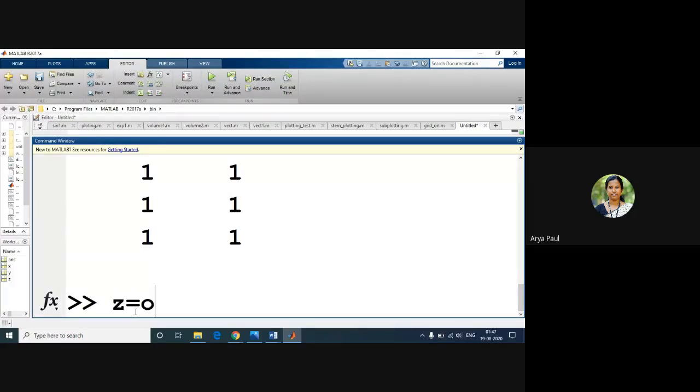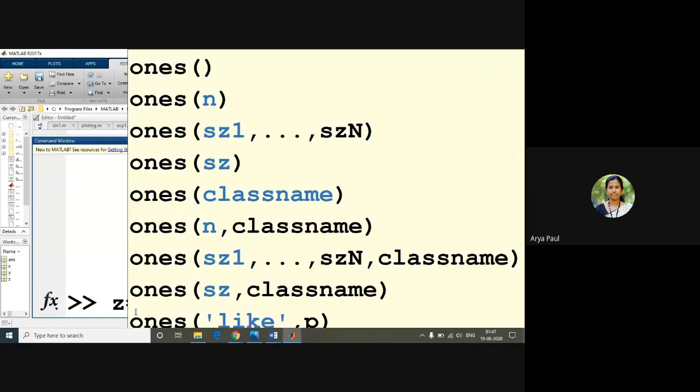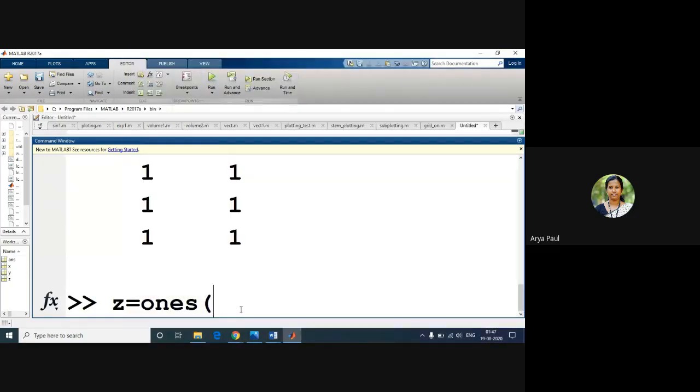Now I am assigning z equal to ones of 1 comma 4. So I'm accessing the set. Now what will be my z of 1?